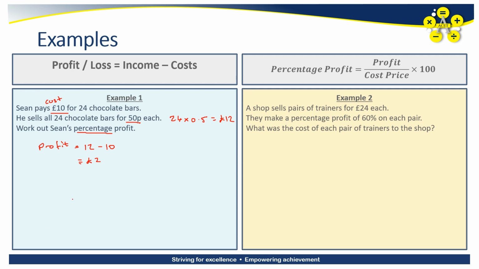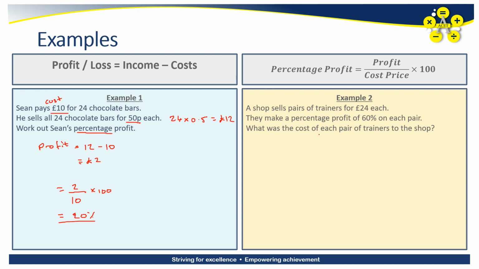So the percentage profit is going to be the profit that he made, so that £2 over the cost price. So he spent a tenner, and then we're going to multiply that by 100. Now that can go into a calculator, or sometimes you're able to work it out. So 2/10 simplifies to a fifth, and when you times that by 100, you get 20%. So Sean's percentage profit is 20%.